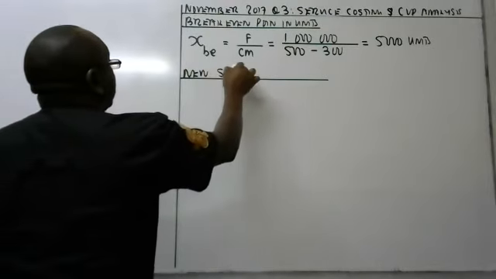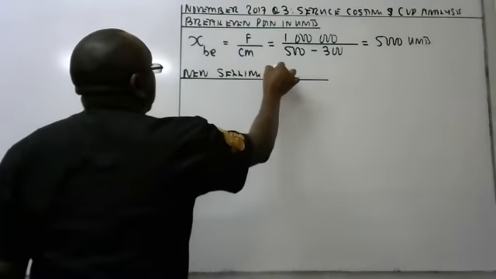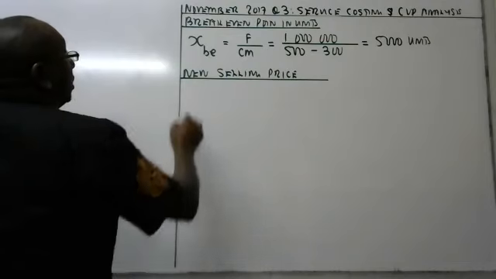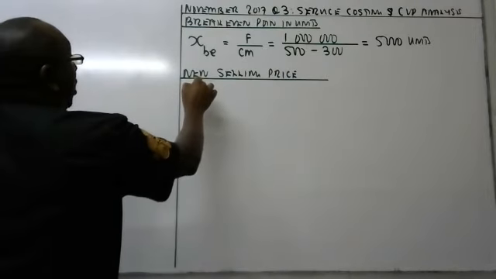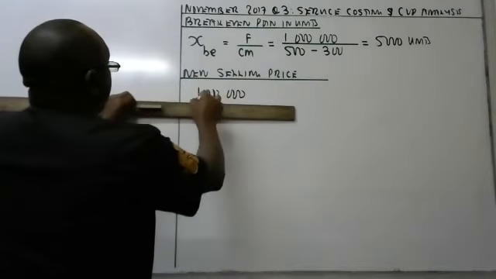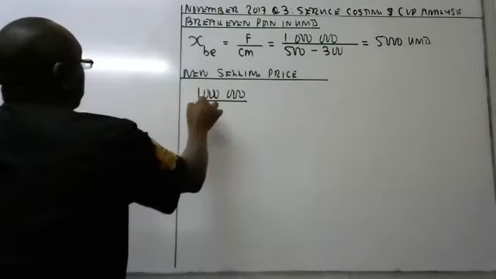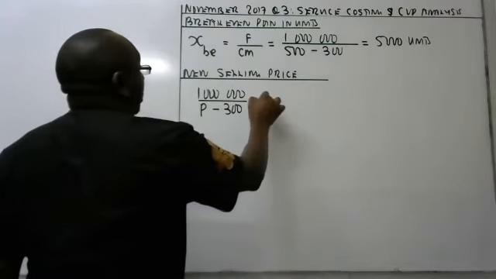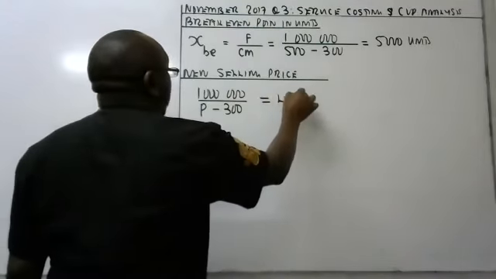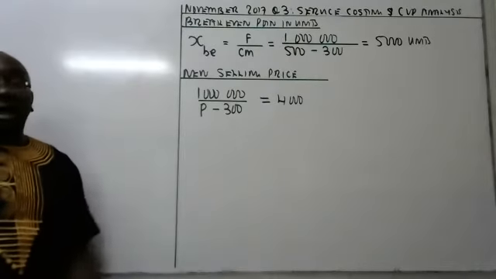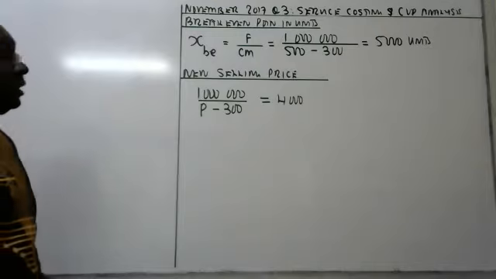The new selling price is going to be given as 1 million divided by P, which you do not know, minus 300, and the answer is 4,000.